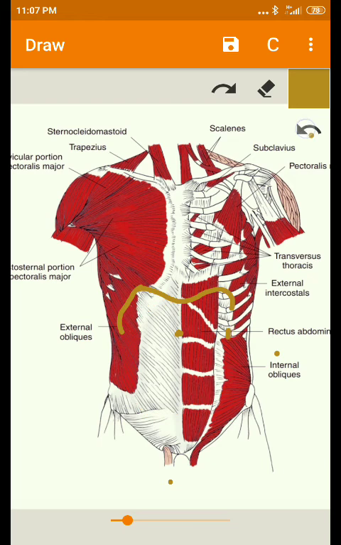Without sufficient compliance in the abdominal muscles, so compliance means the distensibility of the muscles or any organ. If the tension is not created in the abdominal muscles, what happens to the intra-abdominal pressure?